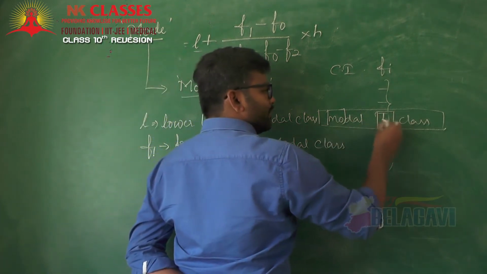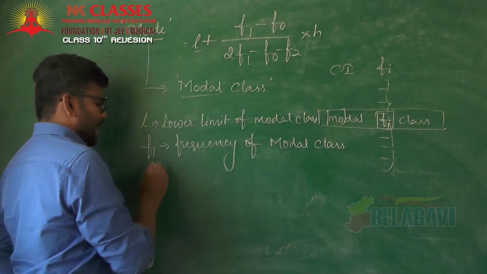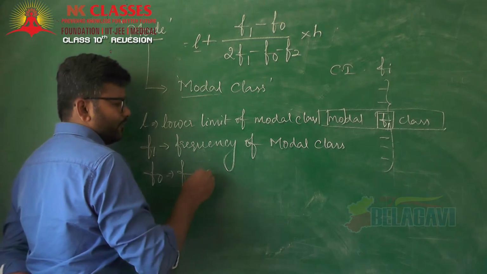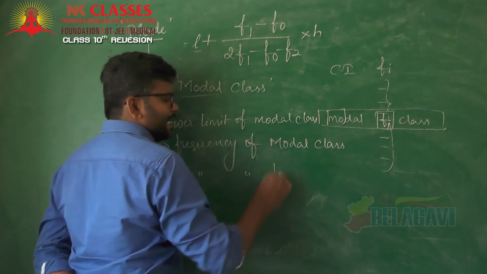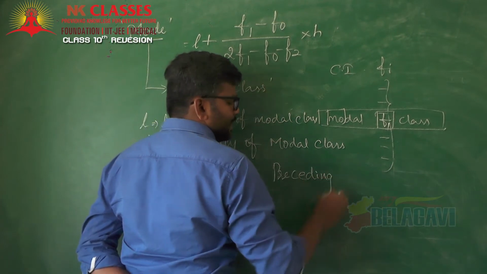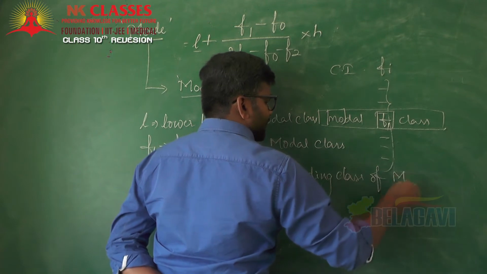F0 is the frequency of the preceding class of the modal class, that is, the frequency just above the modal class.